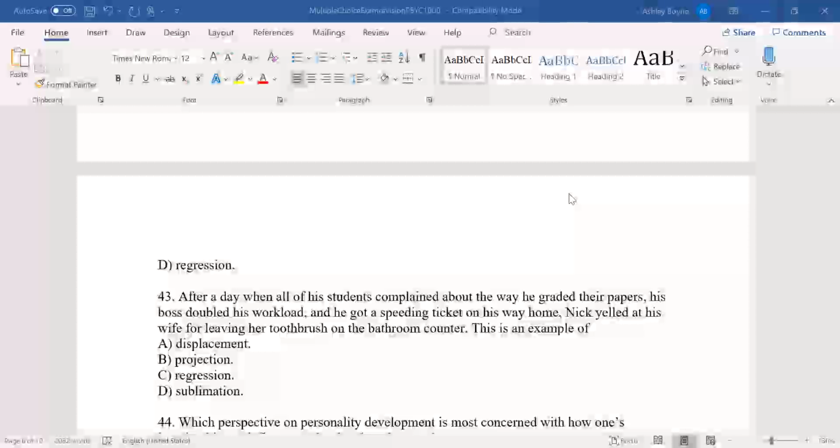Okay, right. Yeah, so you all are correct. The DSM-5 is used to help psychological professionals diagnose psychological disorders.